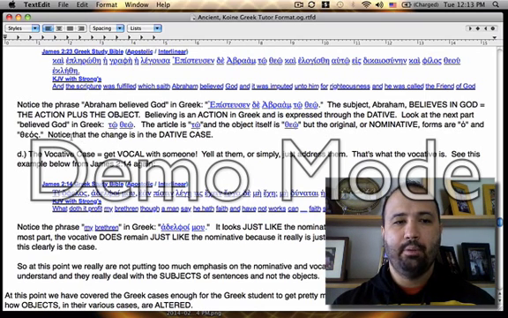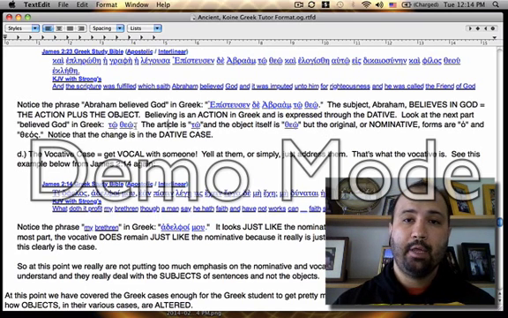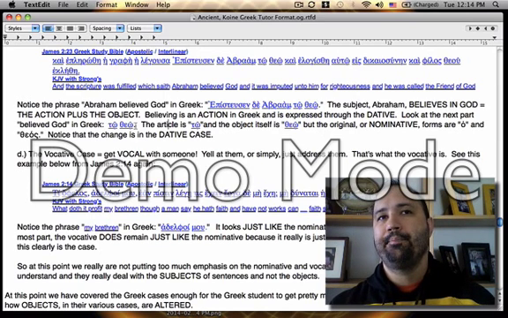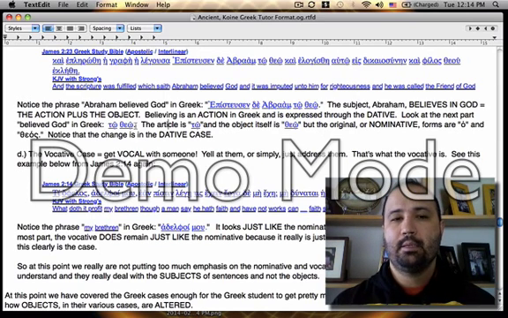Look at the next part, believed God. In Greek, it's believed in God. Okay, he put his trust in God, to Theou. That is God in Greek, in the dative. It's not in any other case, basically.